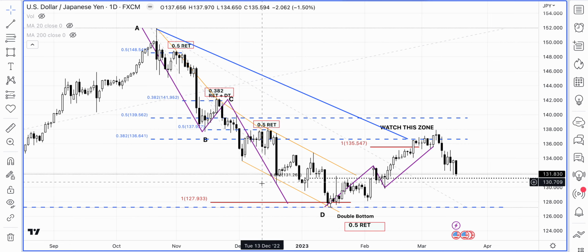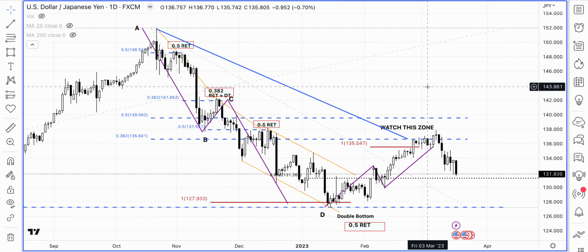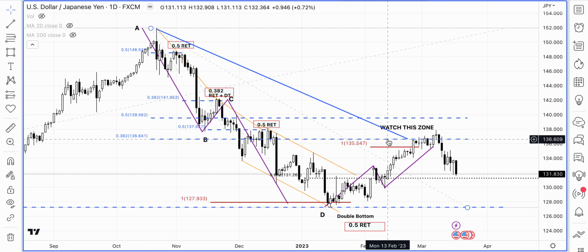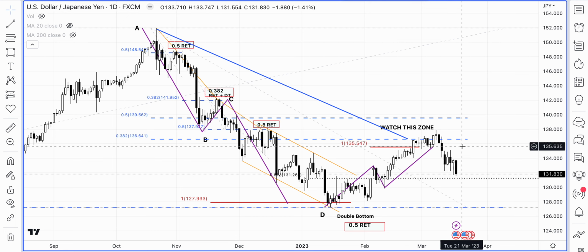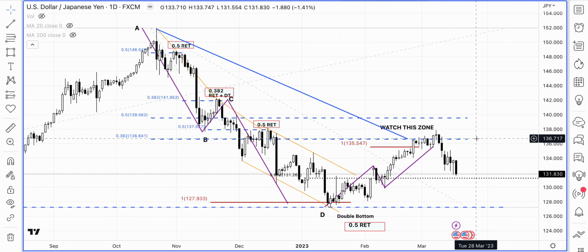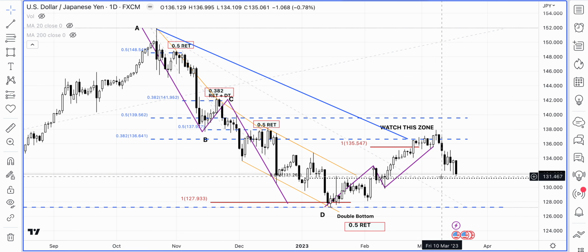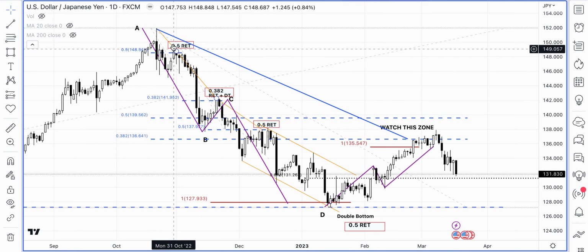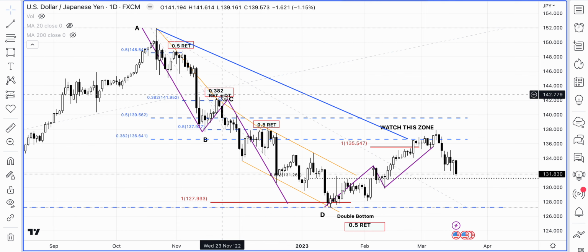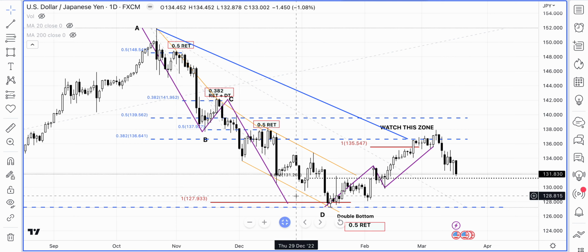And if our market symmetry analysis is correct, then what it meant was that it was going to find resistance either on the 38.2% retracement level or the 50%. That's why we had this zone. And what it did is, in fact, it found resistance right at the 38.2% Fibonacci retracement, and it has moved significantly lower. One more thing to watch is that when in this ABCD it found resistance at the 38.2% retracement, the move lower was much larger.